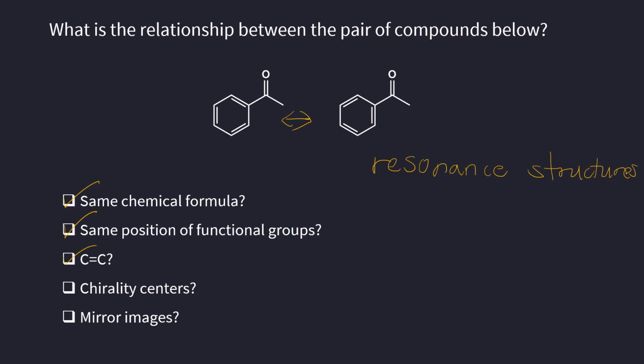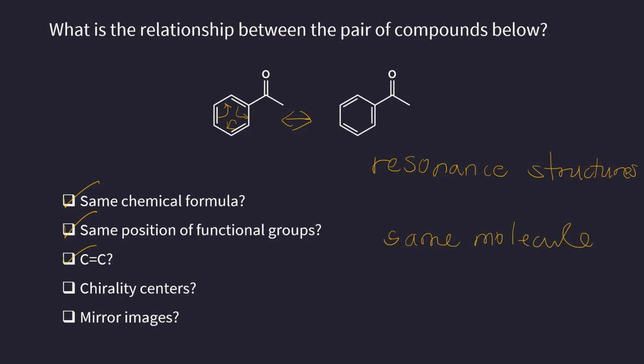So we can show the movement of the double bonds using arrows in this way to interconvert this resonance structure into the one on the right. And resonance structures are representations of the same molecule. So they are the same molecule.